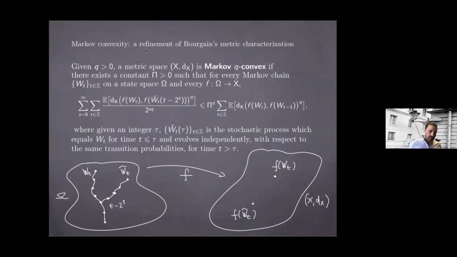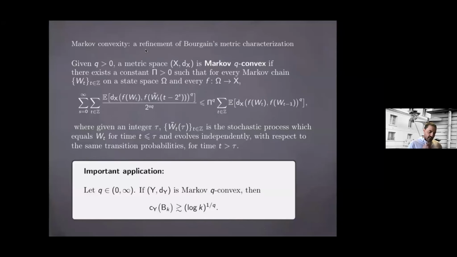Based on the definition, it seems clear that it might not be that easy to compute this invariant, but this invariant is extremely powerful. In particular, it gives you the following lower bound for the distortion of embedding the binary trees into a Markov q-convex space: log k to the 1 over q.